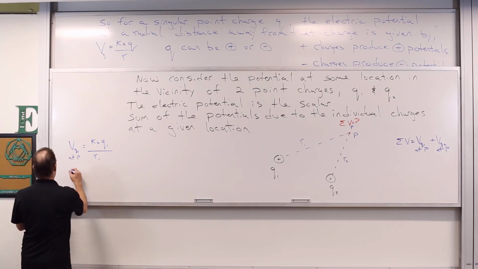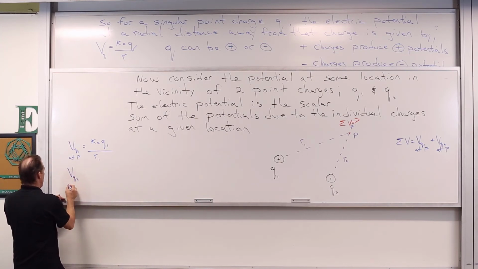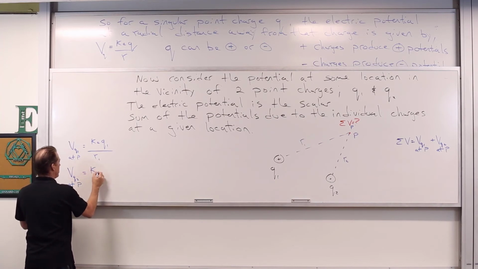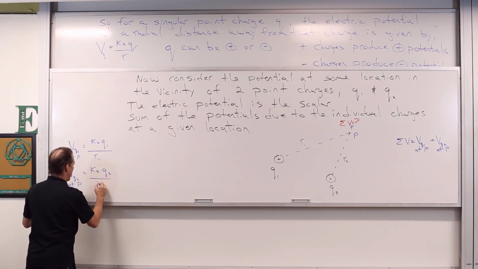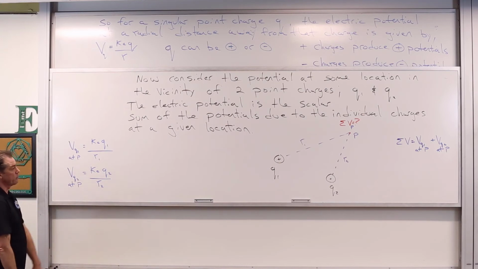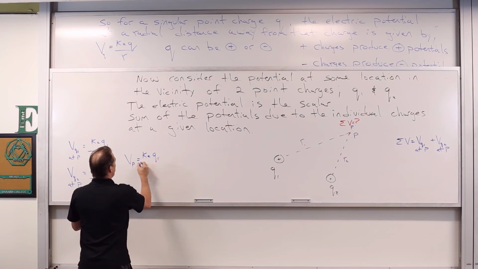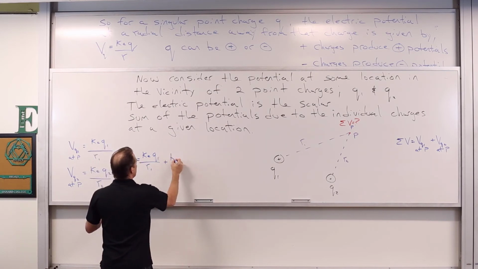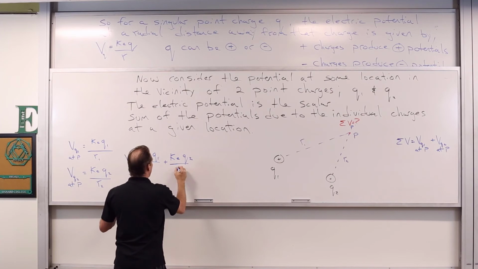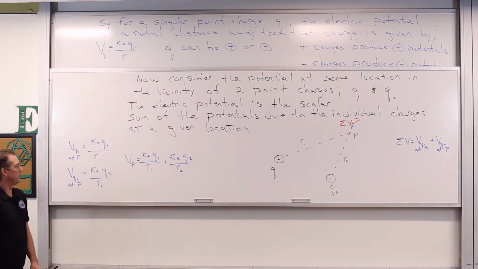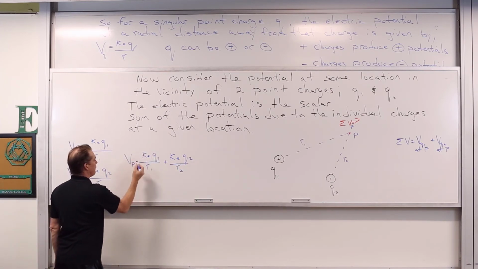And V of Q2 at P is going to be equal to k_e Q2 divided by R2. As long as we know what R1, R2, Q1, and Q2 are, and that's really all that we need, we can compute the potential at that location. So V at point P is k_e Q1 divided by R1 plus k_e Q2 divided by R2. And we get some numeric value in volts.